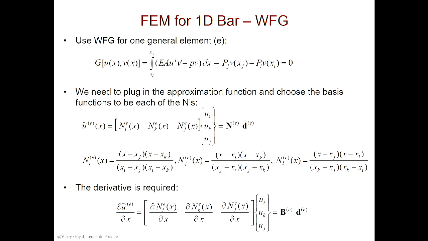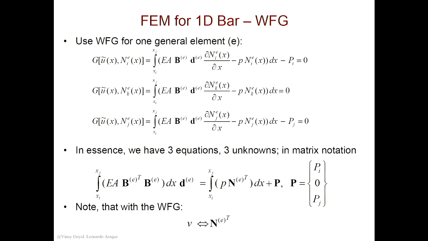Basically, just transpose that, and then you're done. So let's see how I did that. I plug it in for each v, taking one basis function at a time. And then u tilde is B times D. We already covered that, and that's all I got.